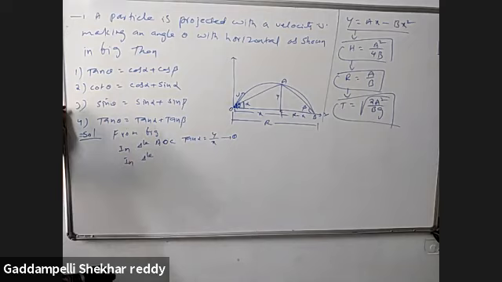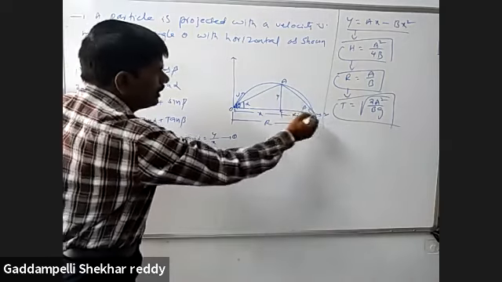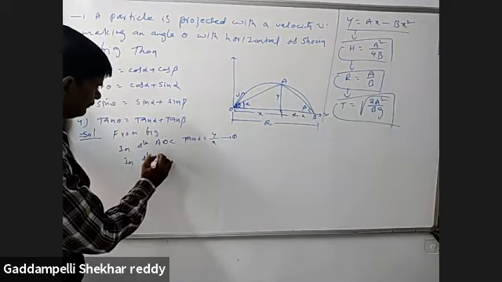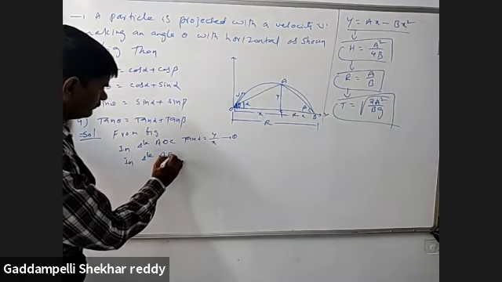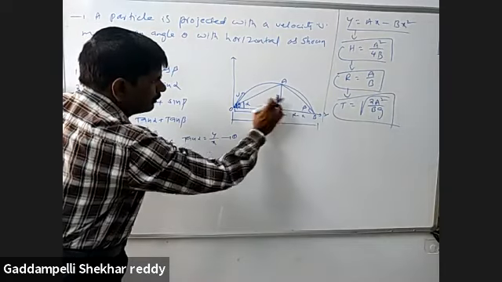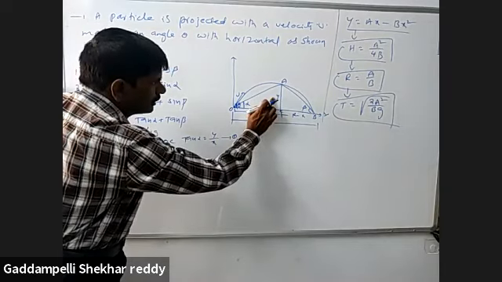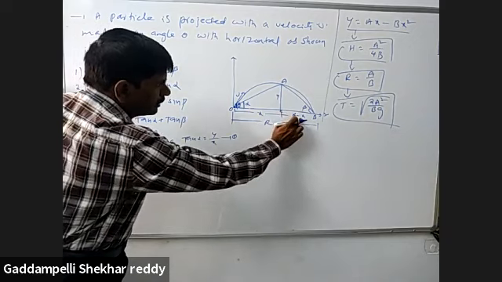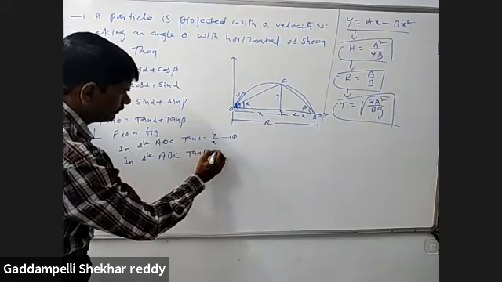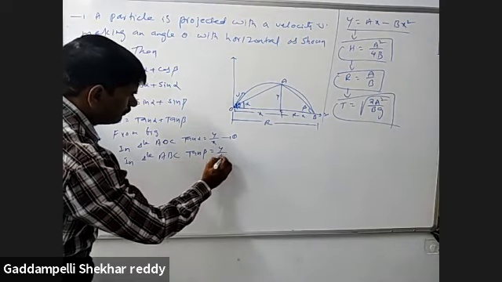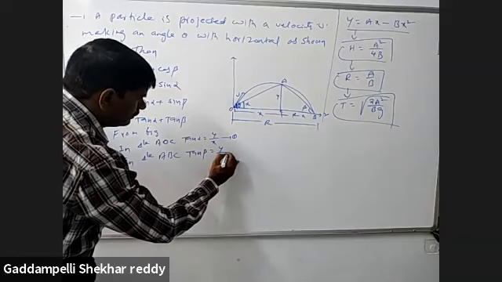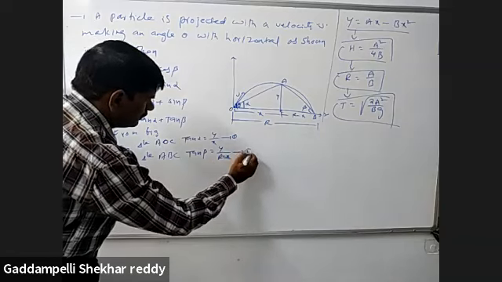Next, in triangle ABC, here the angle is beta. So for beta, the opposite side is y and the adjacent side is r minus x. Tan beta is equal to y by r minus x. Equation 2.